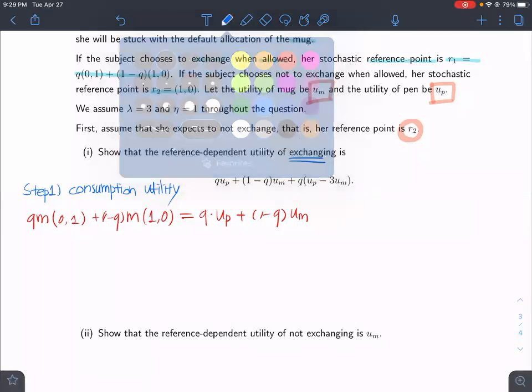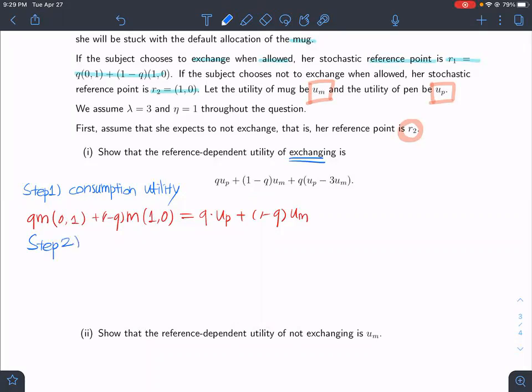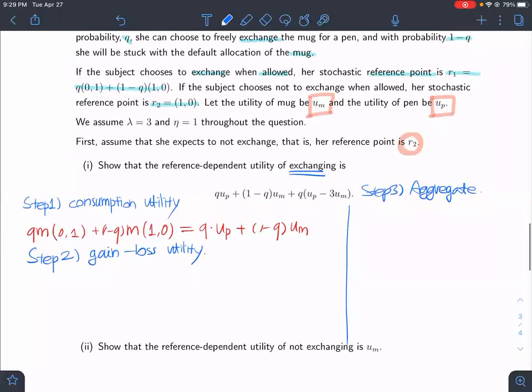So this part is straightforward, same as expected utility. What's different from expected utility is that we have gain loss utility. In step 3, we will aggregate. So step 2. In this case, the reference point is R2. So the only thing that can happen is that I trade.